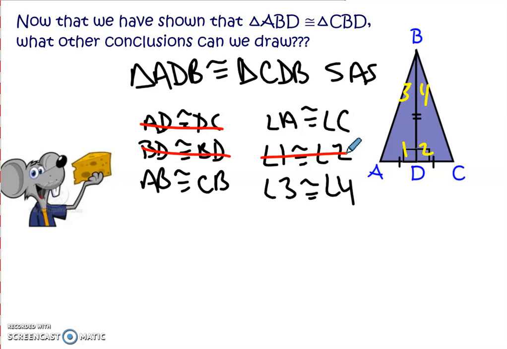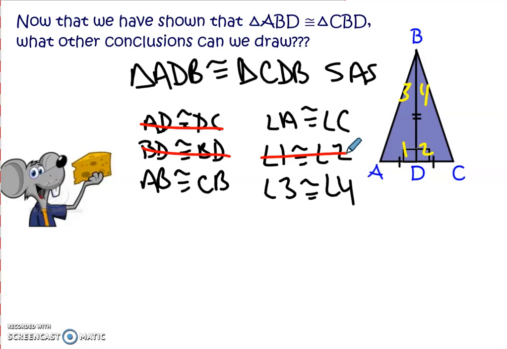Which means we actually have 3 other pairs of congruent parts. By knowing the triangles are congruent, we know we have 6 pairs of congruent things: 3 pairs of congruent segments, 3 pairs of congruent angles. We've already used 3 of them to prove that the triangles were congruent, which means the other 3 pairs are also congruent.